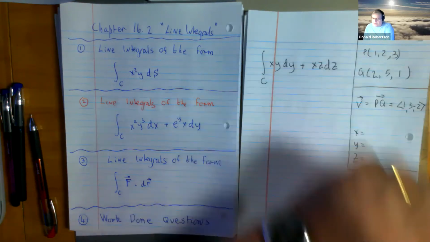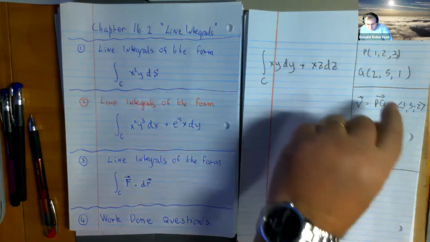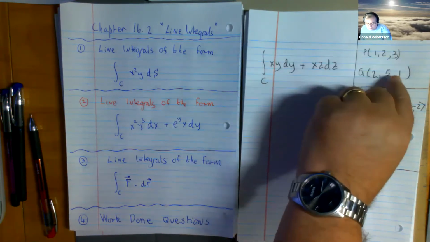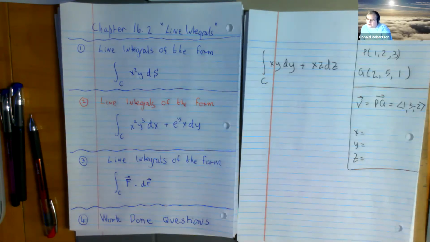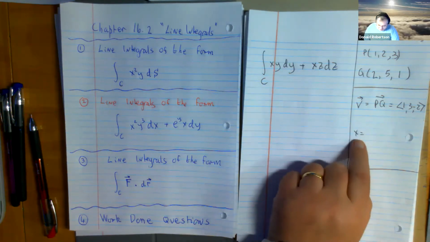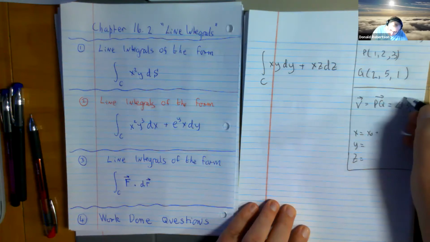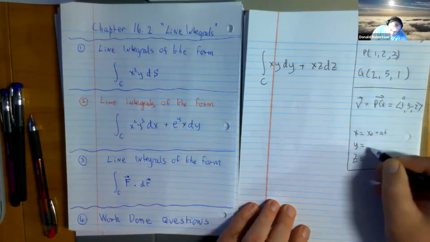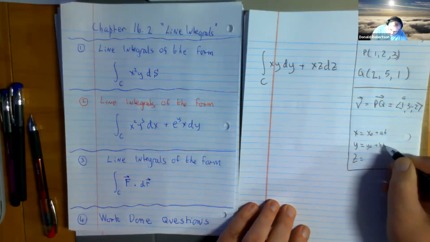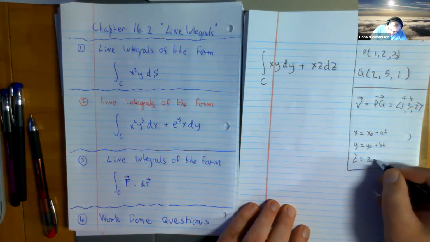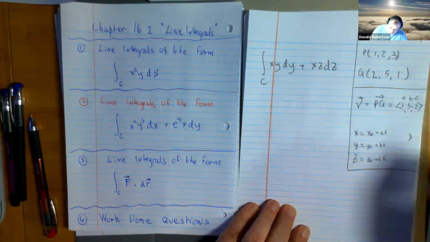Are you all happy about those numbers and where I got them? 2 take away 1, 5 take away 2, 1 take away 3. Now, the general formula for these is x naught plus at, y naught plus bt, and z naught plus ct.